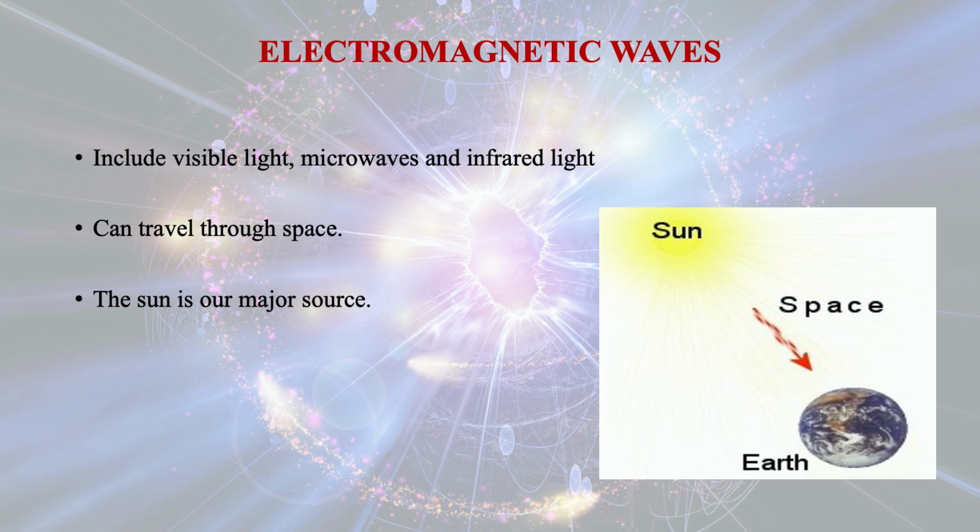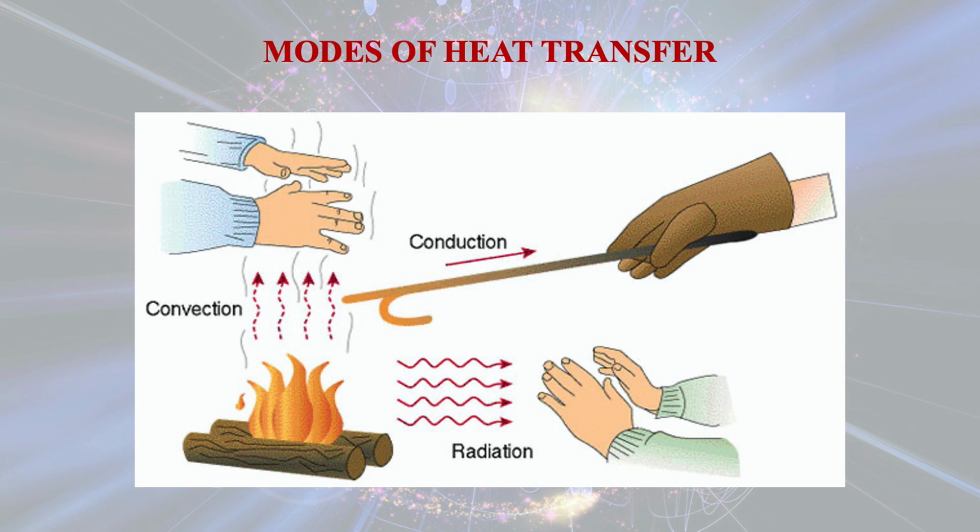Now you see that in this picture all modes of heat transfer are explained. So here you see that there is a burning of wood and there is a flame, and a person is holding a rod, and one end is in touch with the flame, other end he is holding.